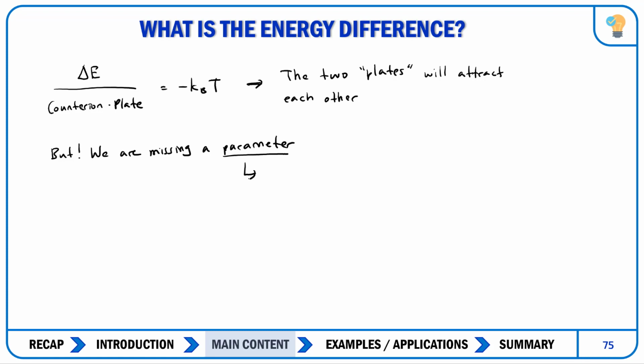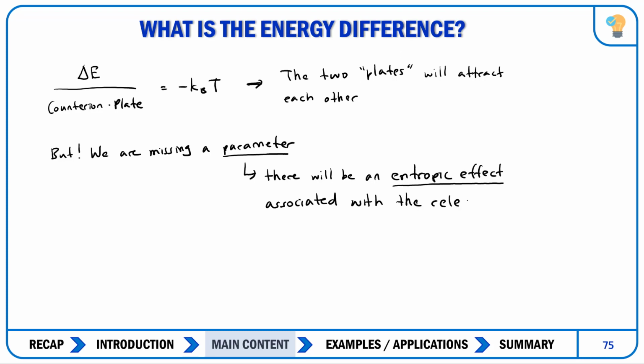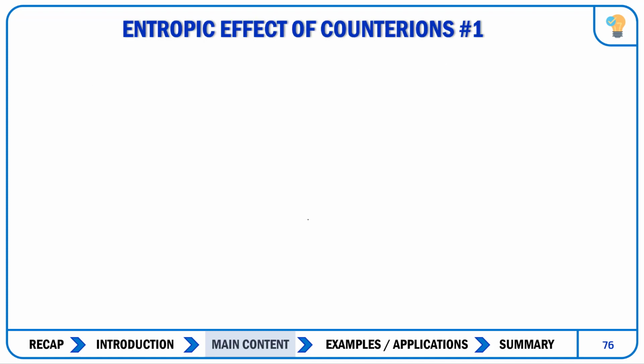So we're missing an entropic parameter, so we say that there will be an entropic effect associated with the release of counterions. So let's take a look at that in a lot more detail.